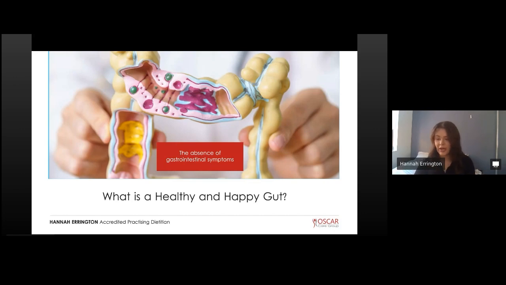Your microbiome is like a bacterial fingerprint, so it's entirely specific to you. The organisms in the gut microbiome play an important role in digestion, nutrient absorption, and other bodily processes, which can include your metabolism, maintenance of a healthy weight, your immune regulation, and brain function, which includes your mood and mental well-being.